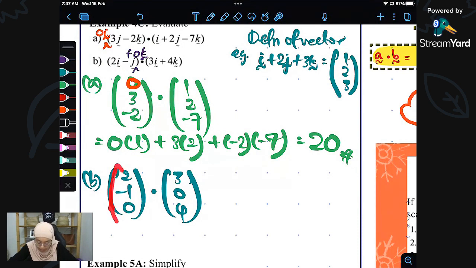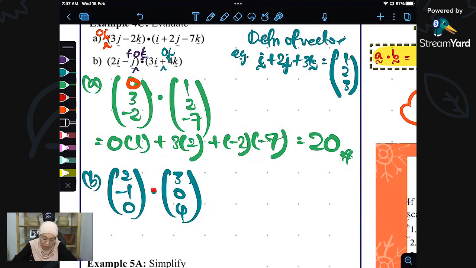Then we dot product it with 3i plus 4k. Here we lack j, so it's 0j. So 3, 0, 4. Positive 3, 0 value, and then positive 4. I write it down in one vector.